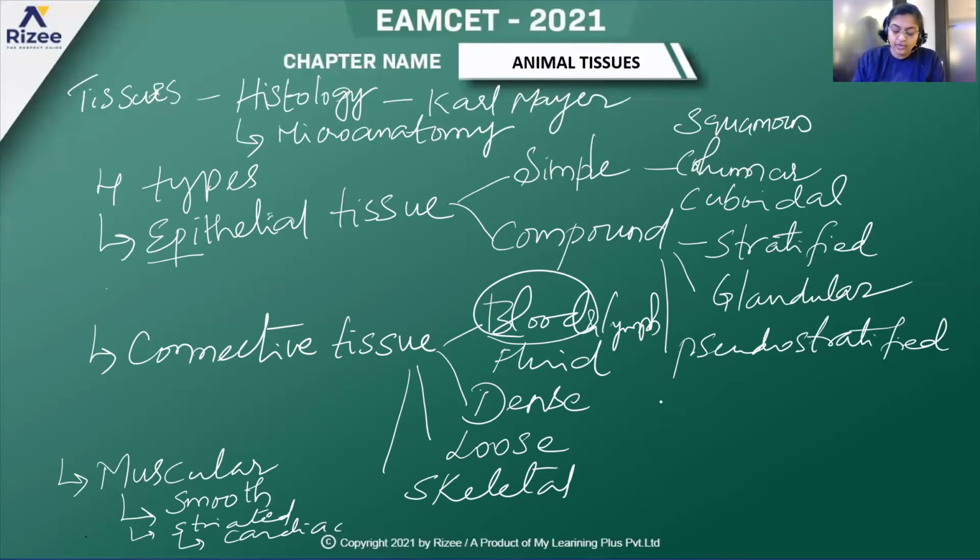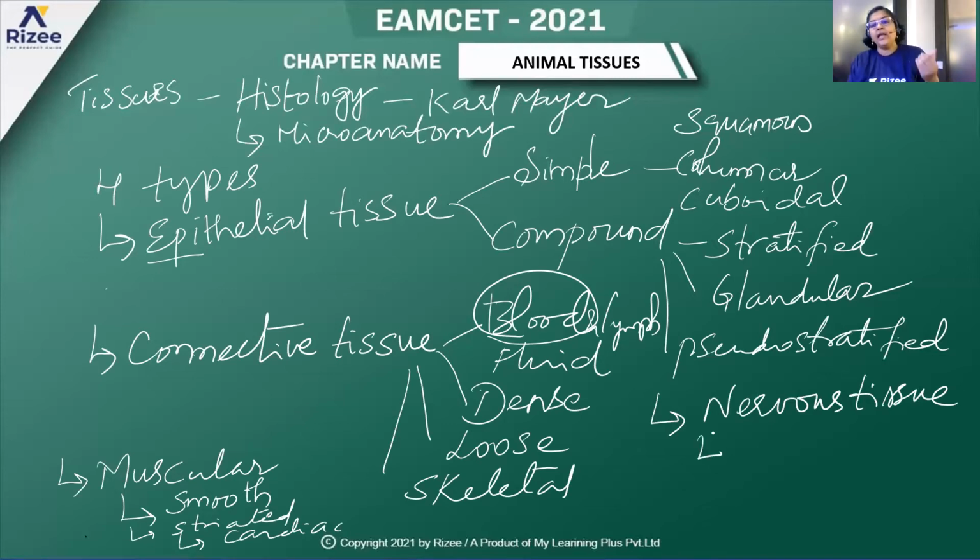And the fourth category is the nervous tissue. What does this nervous tissue help in? It helps in control and coordination of the body functions or activities.